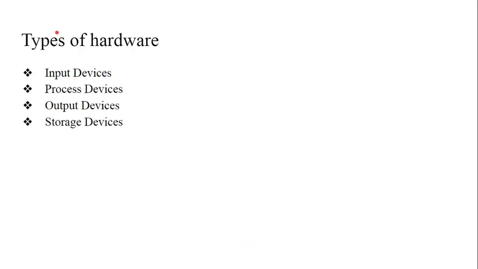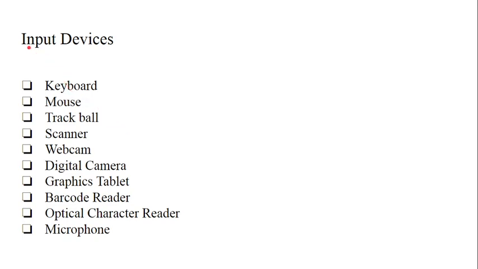Let us see in detail different types of hardware. So, hardware is classified into 4 types: input devices, process devices, output devices, storage devices. Let us see in detail input devices. The input devices are of different types.